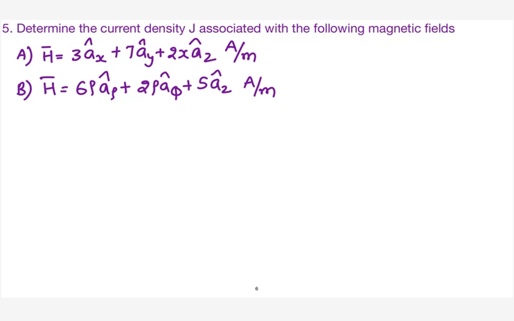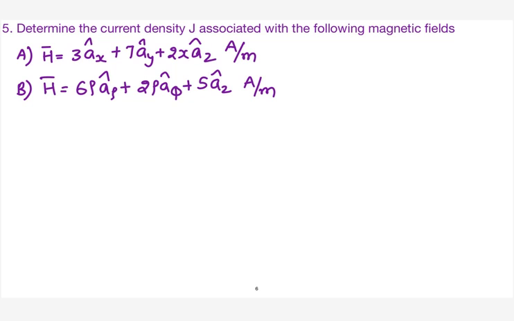This part I was leaving it to you, and you can do it and tell me the answer. So determine the current density J associated with the magnetic fields. You need to find out the current density J in ampere per meter square. If you want, you can write that down. Associated with the magnetic fields, it is right away the curl of that vector.